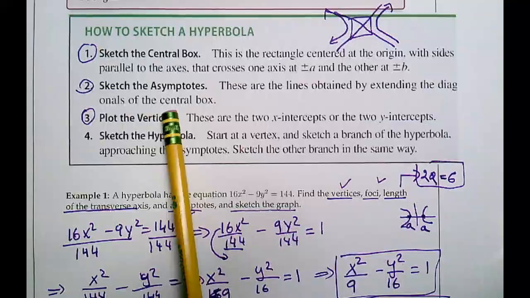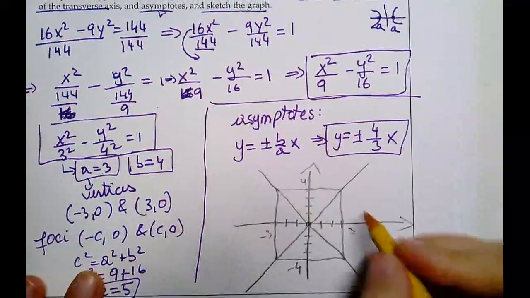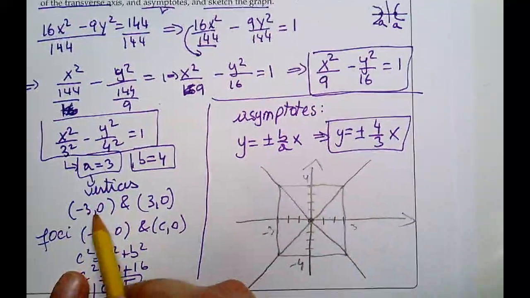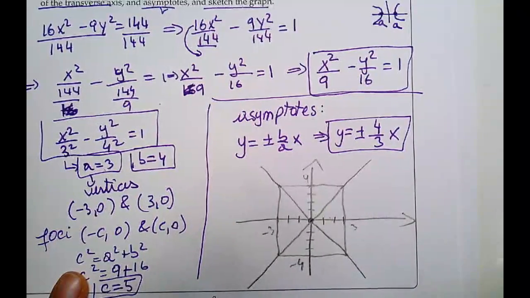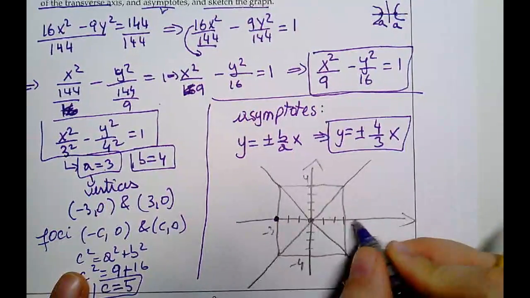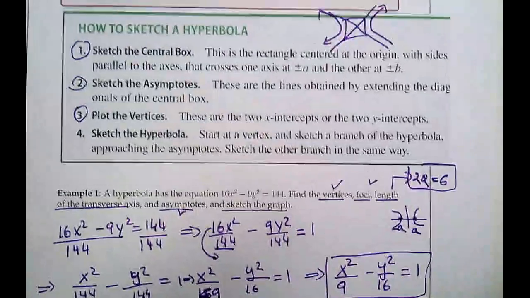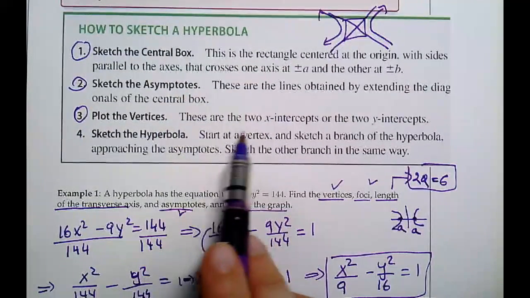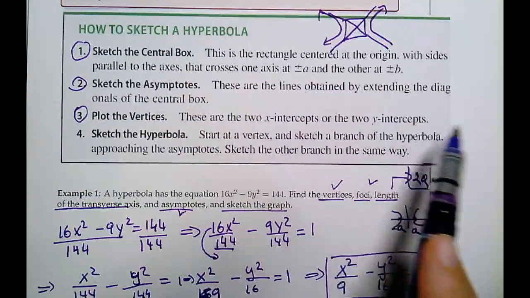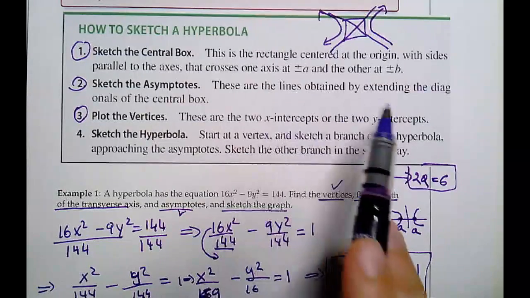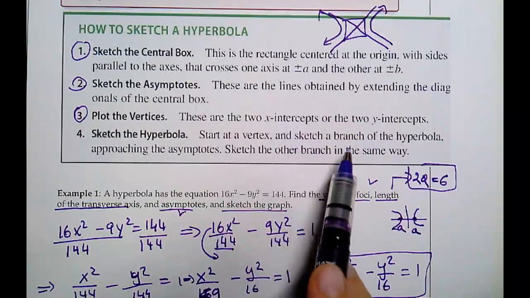Now we're going to plot the vertices. So the vertices are (-3, 0) and (3, 0). So this is one vertex, and then this is the other vertex. And then sketch the hyperbola. Start at the vertex and sketch a branch of the hyperbola, approaching the two asymptotes, and then sketch the other branch in the same way.